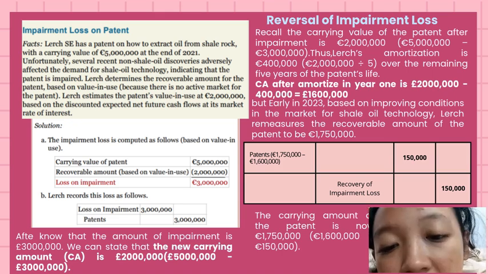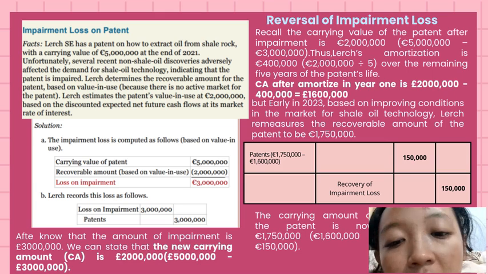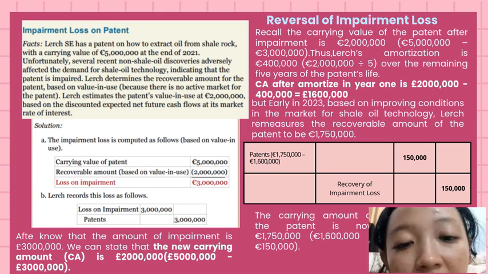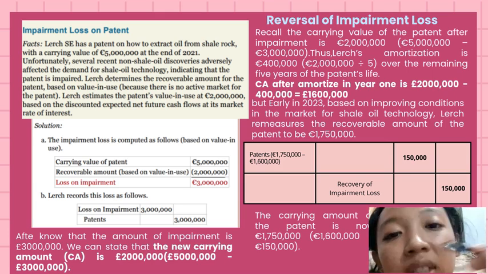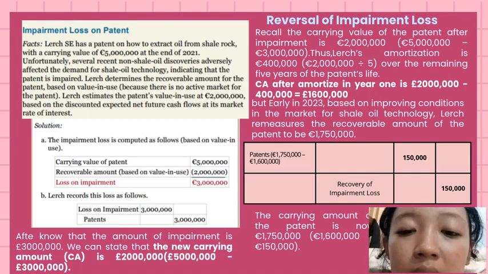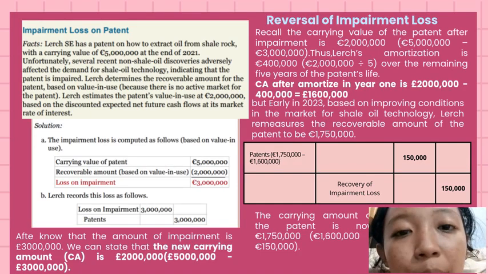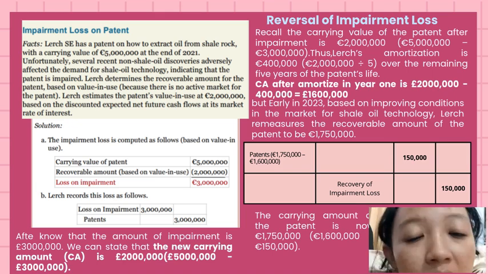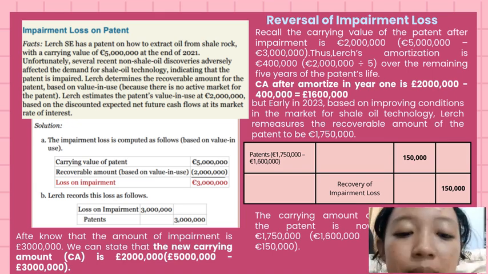In the previous one, loss on impairment was on the debit side and the patent on the credit side. Now we reverse it: the patent on the debit side, meanwhile the loss on impairment, or maybe we can change it to recovery of impairment loss, on the credit side, and it's just like that.